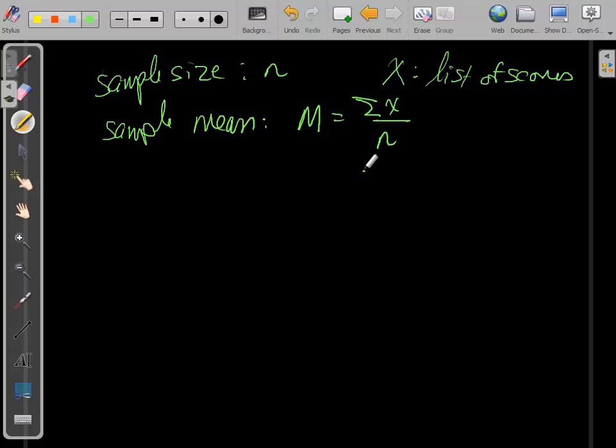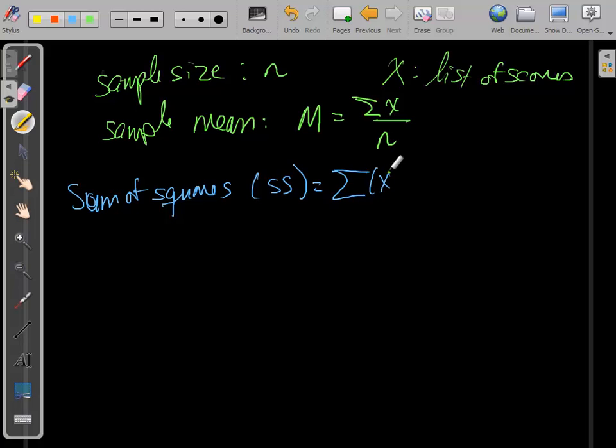In fact, when we're calculating the variance, we use the sum of squares, which is the computational method, the book calls it. The sum of squares, which we abbreviate SS, is written as the sum of the values squared minus the sum of the values, squared, divided now by the sample total.